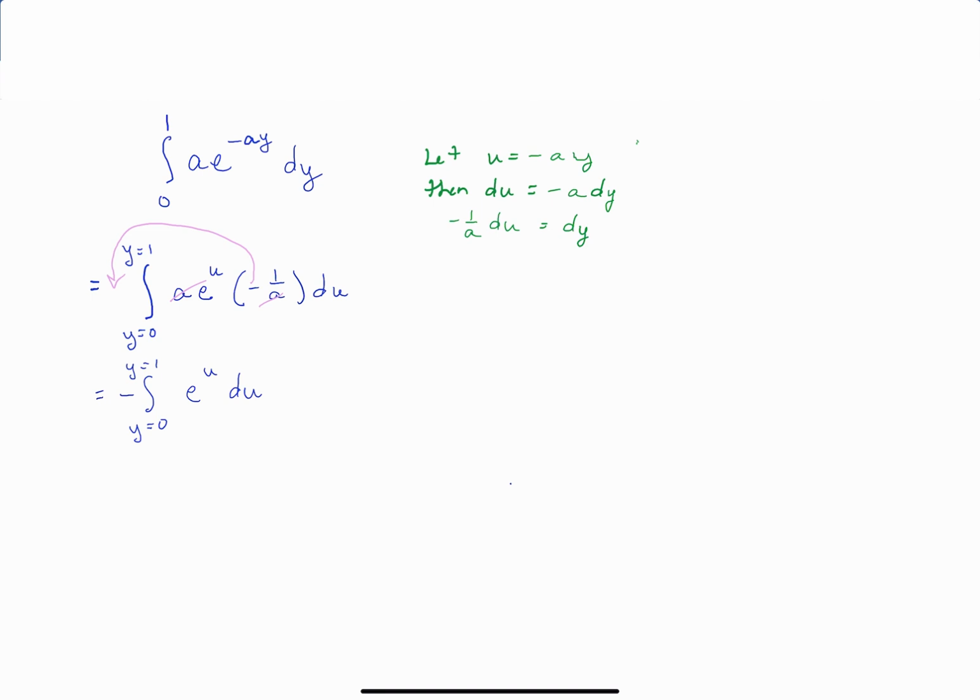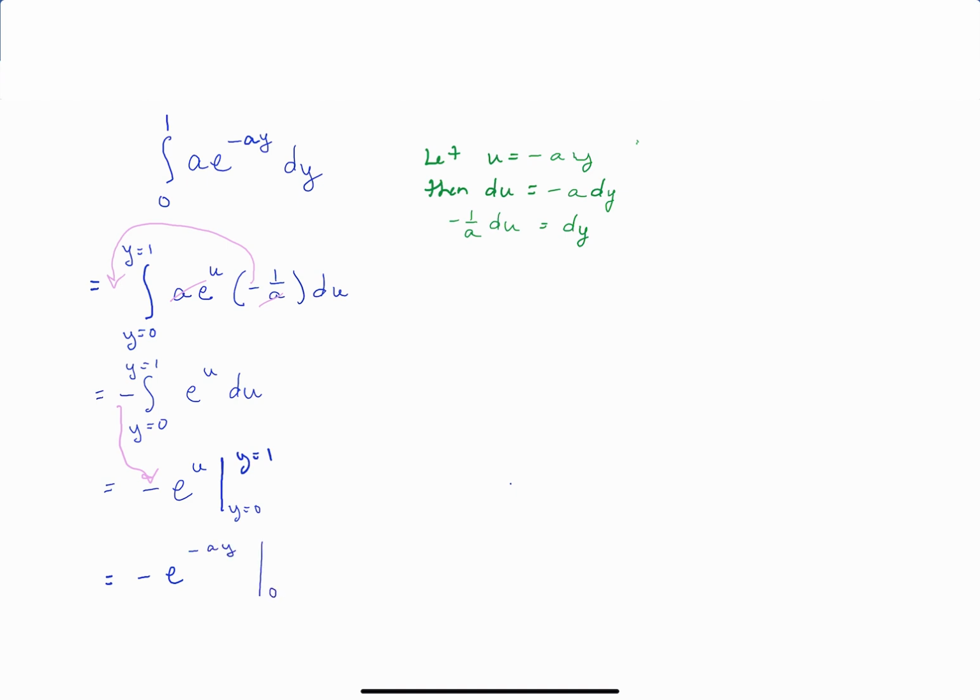The antiderivative of e to the u du is just e to the u, and I've got to keep the minus sign from out front. We're evaluating that from y equals 0 to y equals 1. So I need to get those y's back into the expression. u was just our name for minus ay.